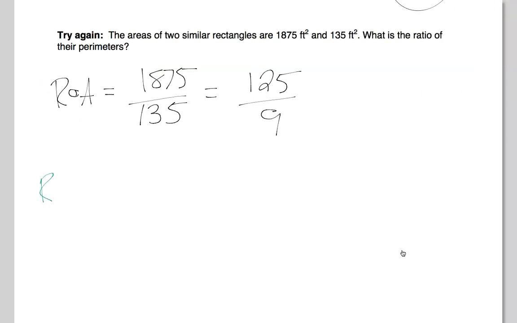So the ratio of the perimeters is going to equal the square root of 125 over the square root of 9. Which equals, now 125 is not a perfect square. So we can just leave it as the square root of 125 over 3.